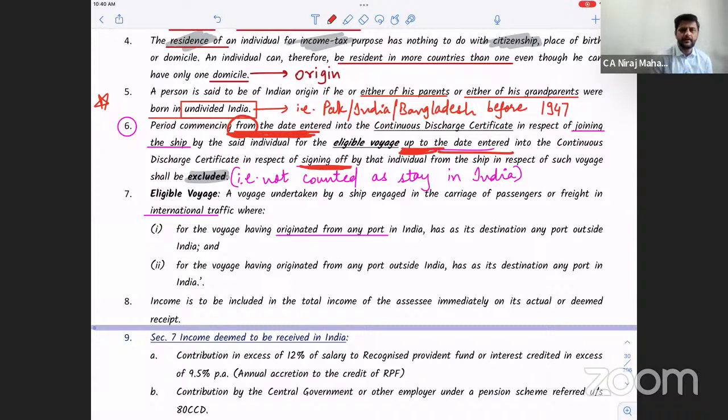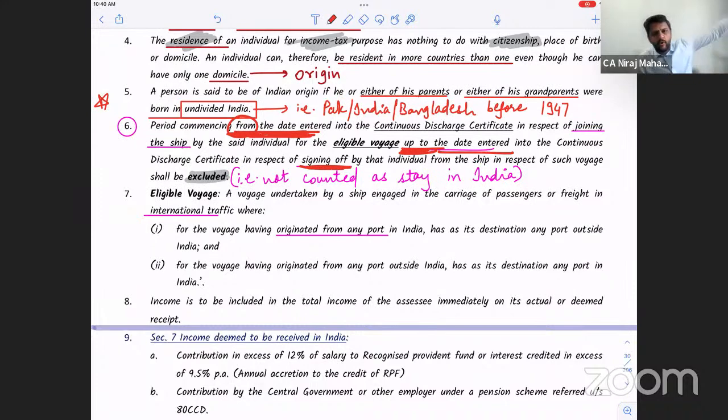Bangladesh became a different country in the 1971-72 war. But that was also Pakistan only. That was East Pakistan. Division of India happened in 1947. So undivided India is before 15th August 1947. Clear?